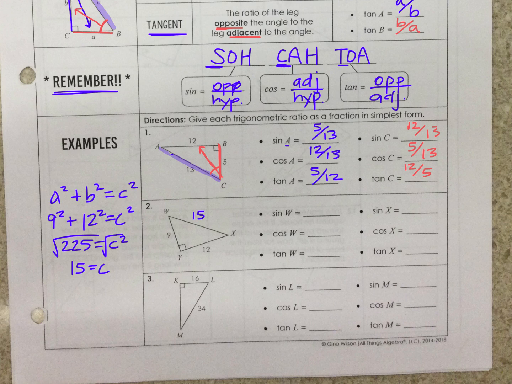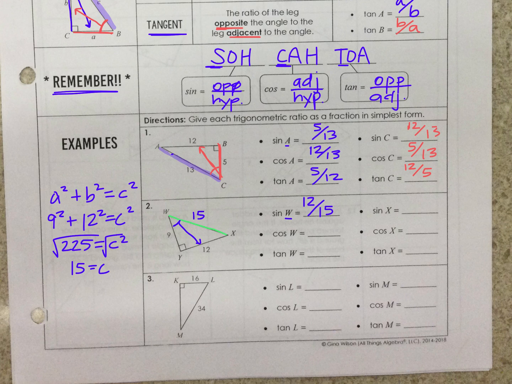And that is going to be my hypotenuse. So let's write some fractions. The sine of W, angle W, opposite over hypotenuse 15. Now that can be reduced, and if you would like to reduce it, I would love that.